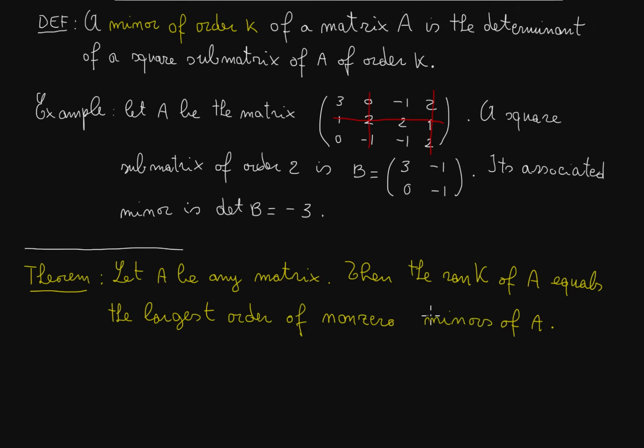We are not looking at the determinant of A, but at the determinant of square submatrices of A. So A can be non-square, but certainly we will be able to find some square submatrix of A. Then we can define the concept of minor of A, and the link between minors of A and the rank of A is exactly as stated in the theorem.